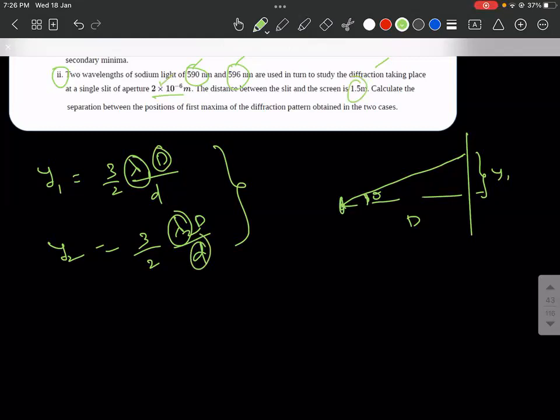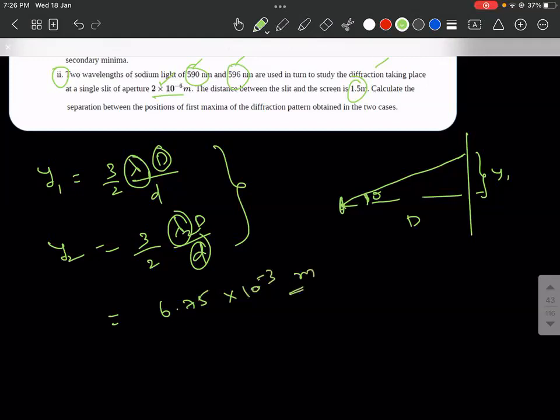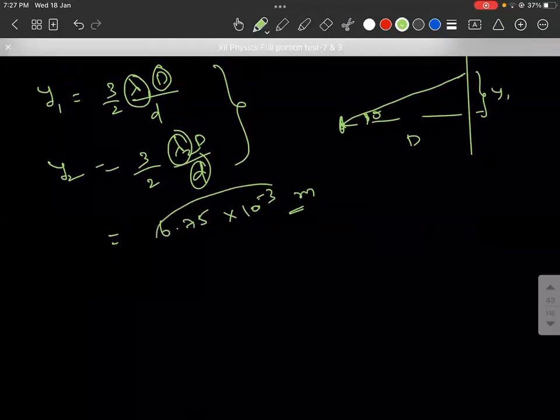So subtract both, you're going to get the answer. And it should come out as 6.75 into 10 power minus 3. I hope you guys got this answer.